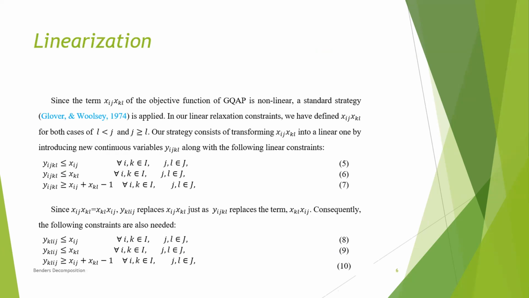So we can replace the xij multiplied to xkl using a new variable which is non-binary.